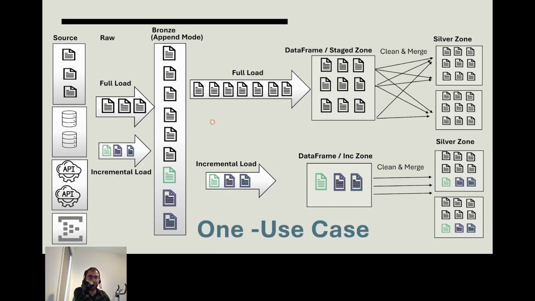Picture this: you have one source table that you want to load into two target tables. One way you can do it is a full load, like a dump truck pouring the data from the bronze layer to the silver zone, where you can either materialize the data in between, or from the data frame you can clean and merge the data based on your merging strategy.